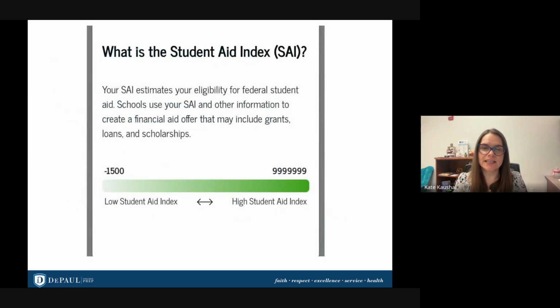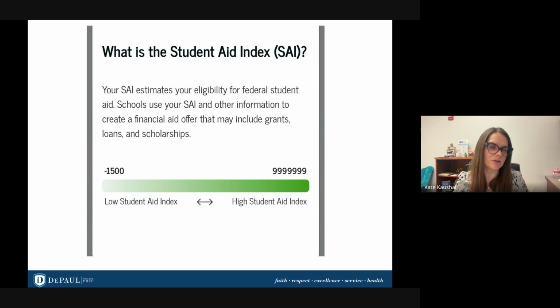As far as the student aid index and what kind of numbers you'll see, there are some really cool charts online that will give you the full range of SAIs based on income. For this particular chart, what it's telling you is there's a wide range of SAIs, which is much different than how it used to be with the expected family contribution. And an SAI number is not what you're expected to pay for the college.